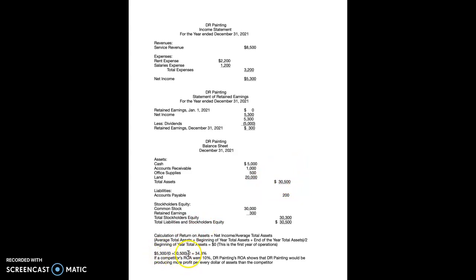So add those two together, the beginning of the year total assets and the end of the year total assets, and divide that result by 2. Now you're ready to do the calculation for return on assets, net income divided by average total assets.